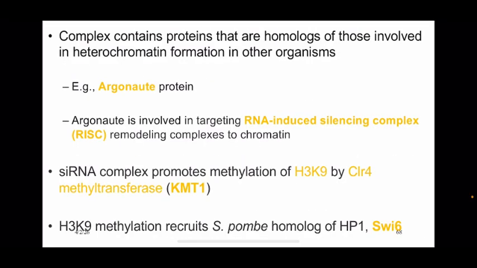The complex contains proteins that are homologs of those involved in heterochromatin, for example Argonaute protein. We've talked about this before. It is also involved in remodeling complexes of chromatin as well. The siRNA complex promotes methylation of K9 by this factor called Clr4, which is a methyltransferase, a type of KMT1.